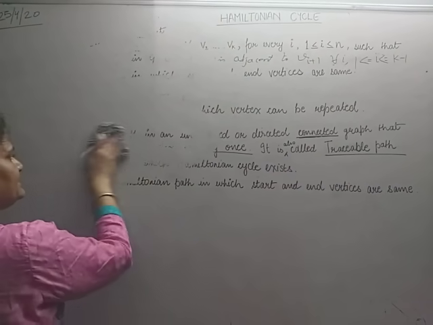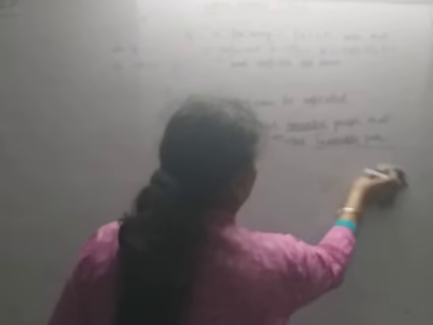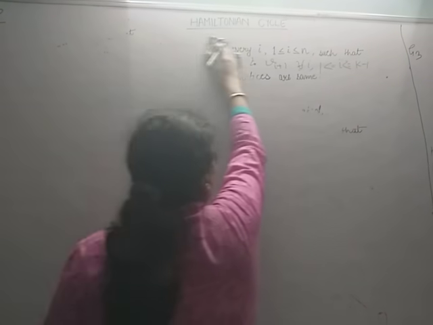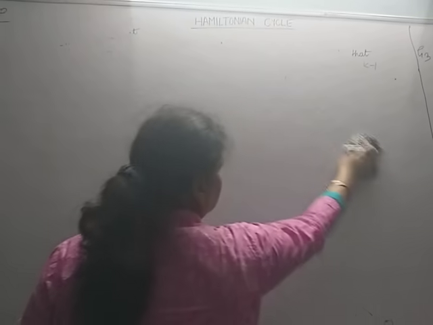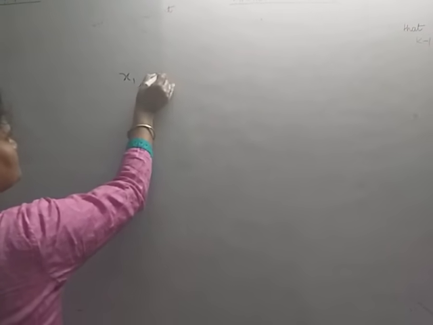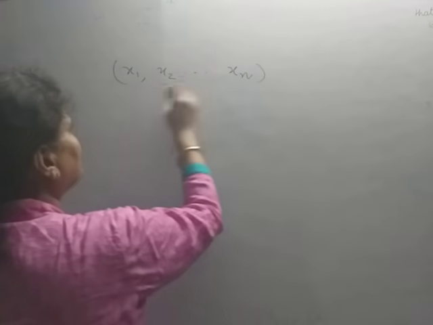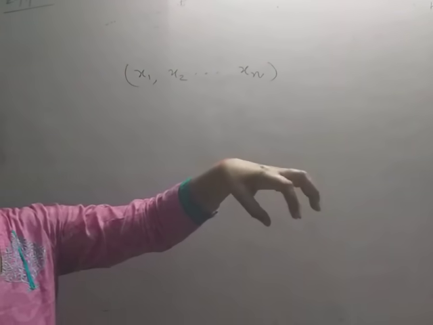The algorithm is somewhat similar to the graph coloring problem. In graph coloring, the solution vector is x1, x2, and so on up to xn, where each xi represents the color of the vertex.